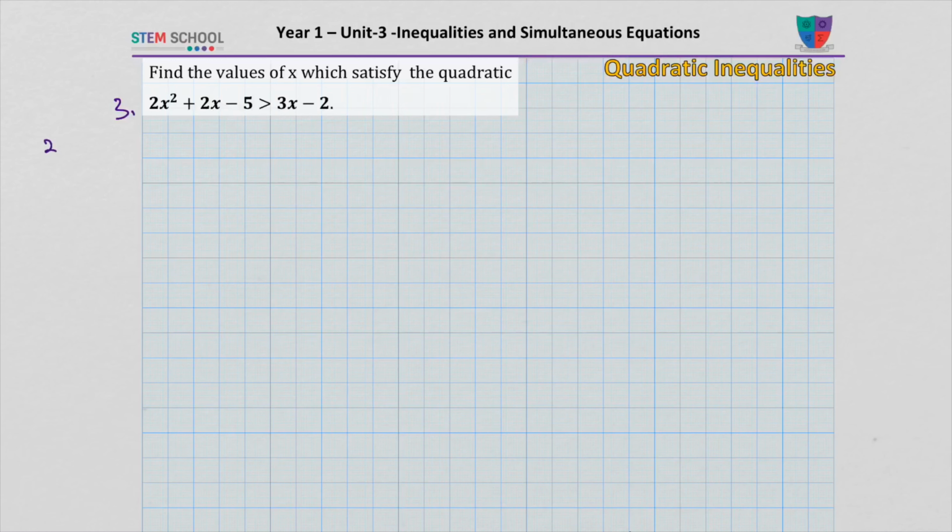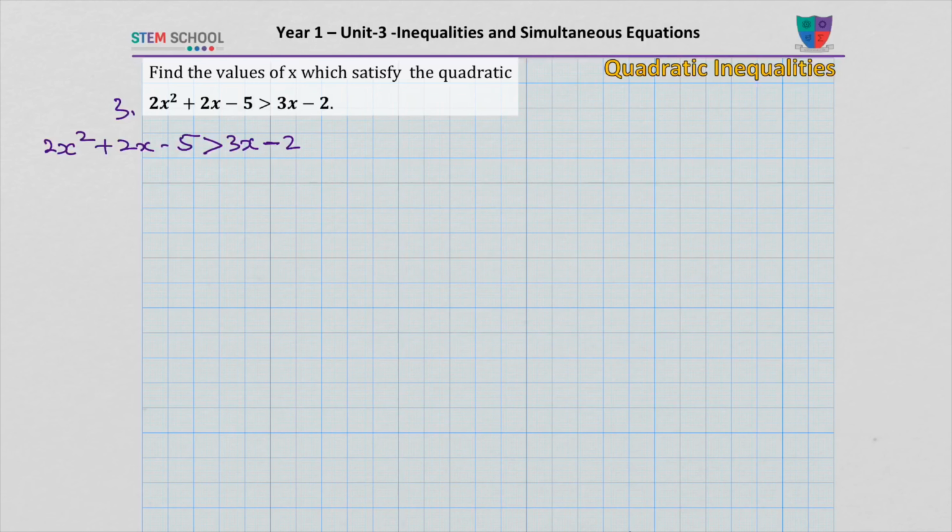Algebraically, 2x squared plus 2x minus 5 greater than 3x minus 2. I'm going to subtract 3x from both sides and add 2 to both sides.